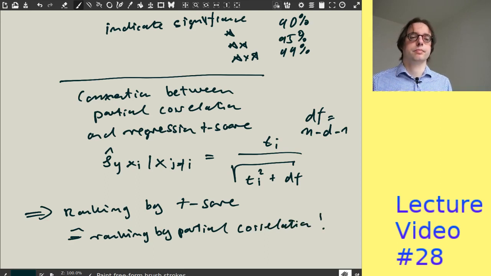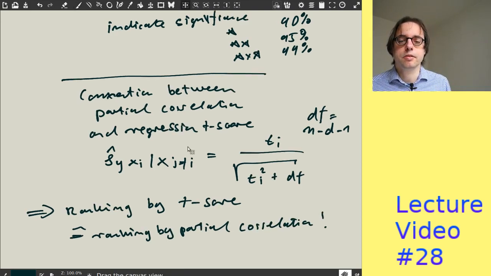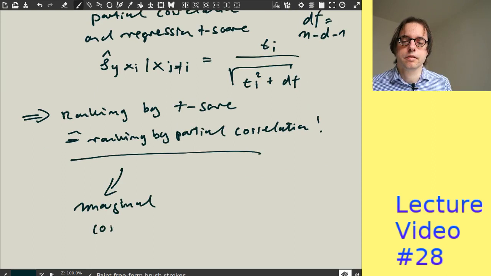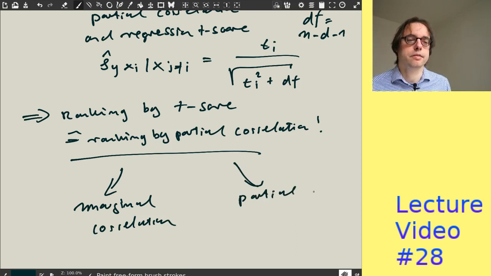So basically what I'm recommending here is to use either marginal correlation or partial correlation, and both will give you slightly different insights in what's going on.